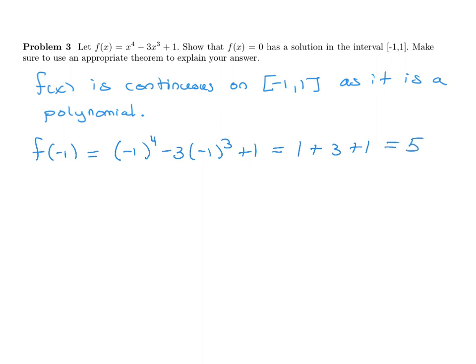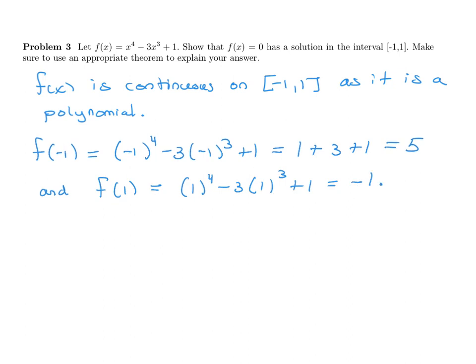And that is a positive number. And f of 1, the other endpoint of the interval, is 1 to the fourth minus 3 times 1 cubed plus 1. That's 1 minus 3, that's -2, plus 1 is -1.